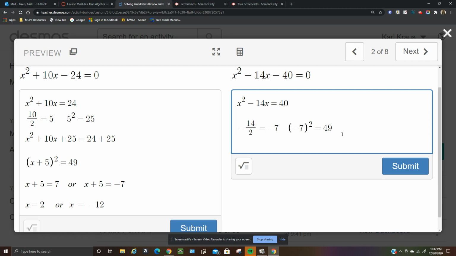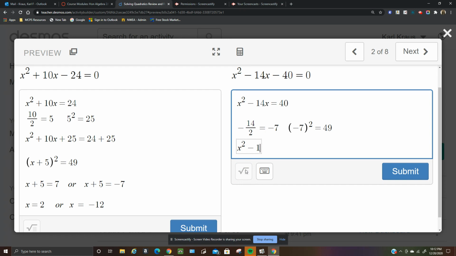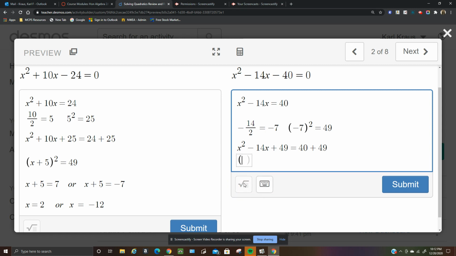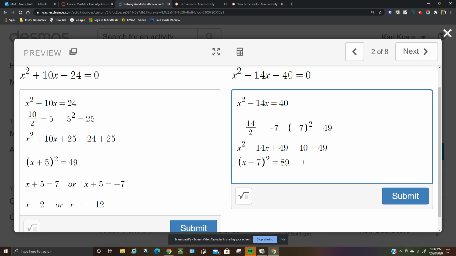Add 49 to both sides. And factor the left. Take the square root of both sides.